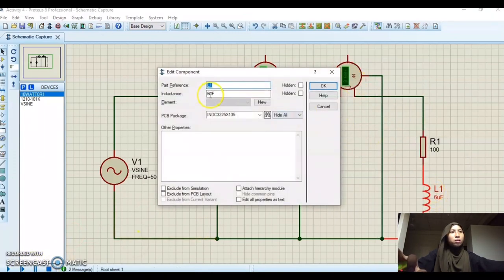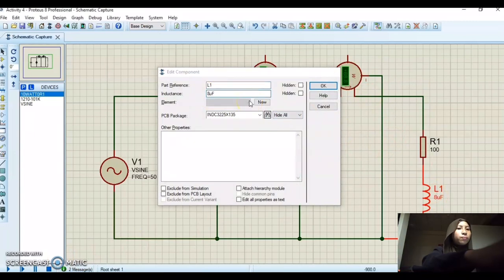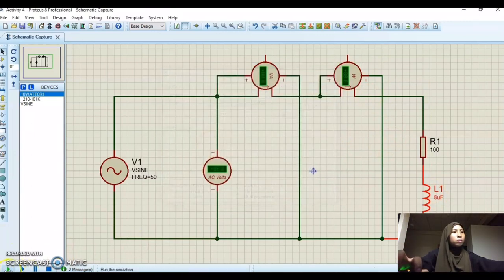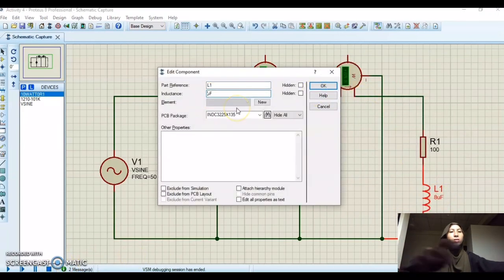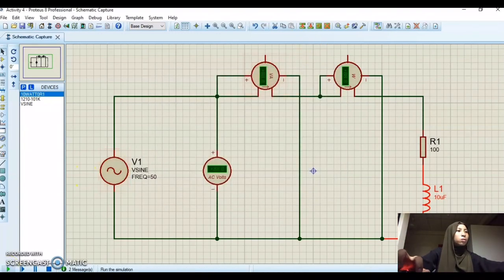For the next value, we got VA of 50 and wattmeter of 50 also. And for the last one, the value of VA is still 50 and the wattmeter is still 50.